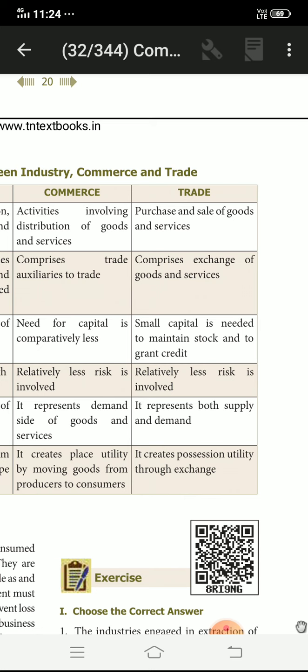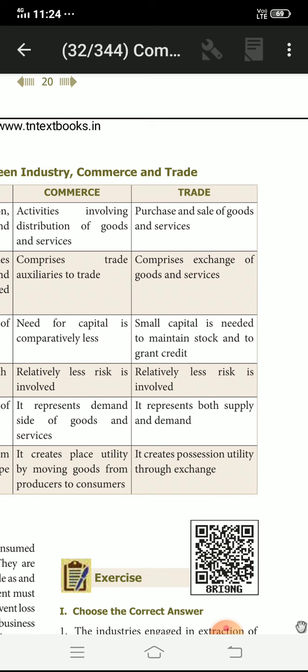Import trade means when goods that are not available in our country are bought from another country. For example, oil, diesel, petrol are not available adequately in our country, so we import oil and petrol from Arabian nations. So this is import.